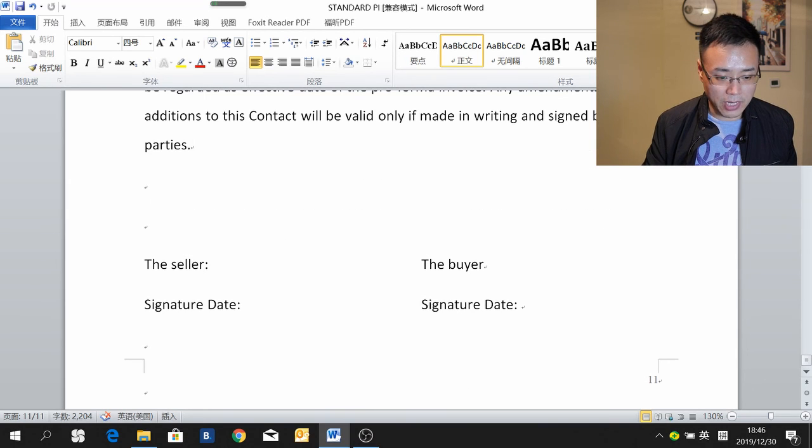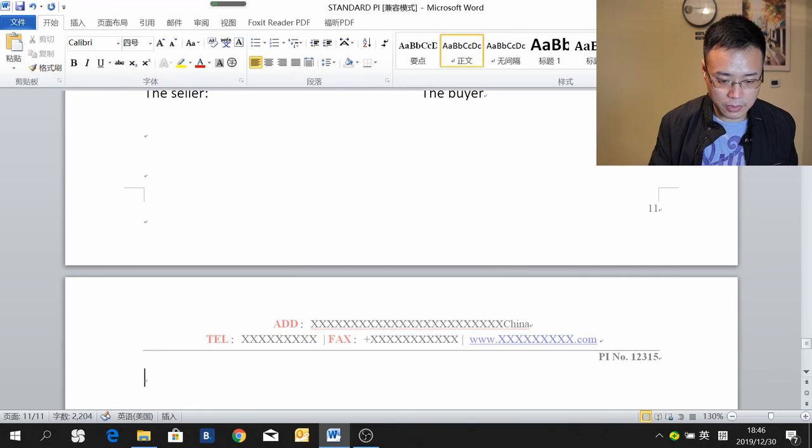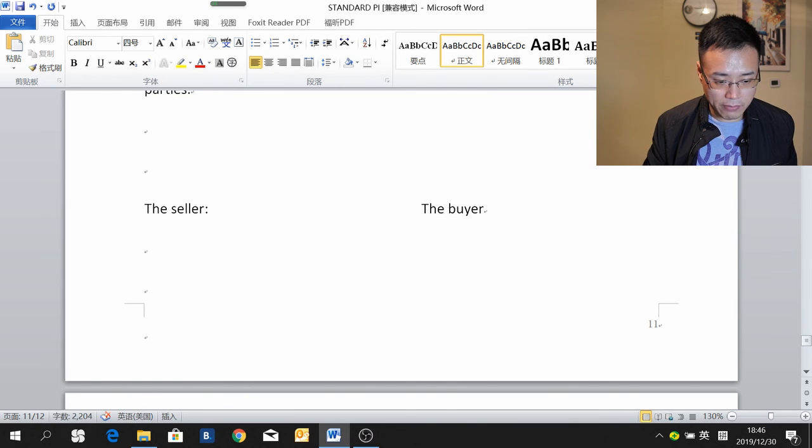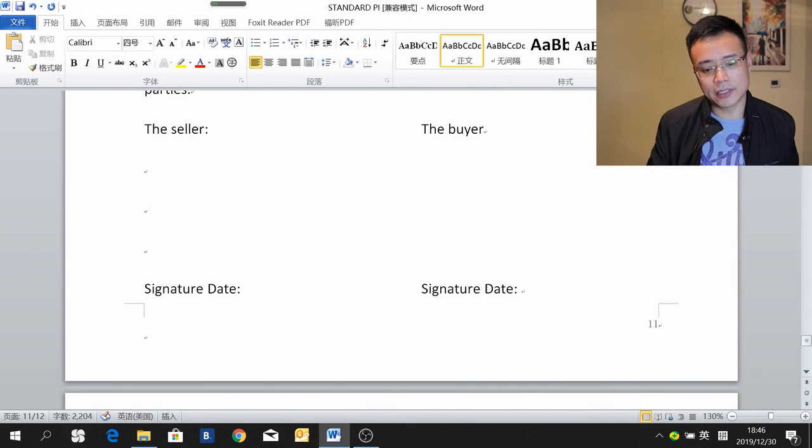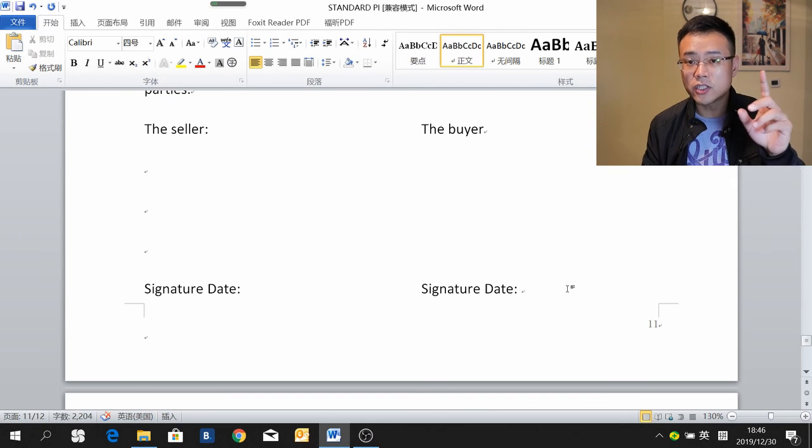See here, we have the seller's signature, company, and signature date. The signature should be around this empty place. And there's a date. So whoever signed the pro forma later and marked the date, from this date, this pro forma invoice becomes effective.